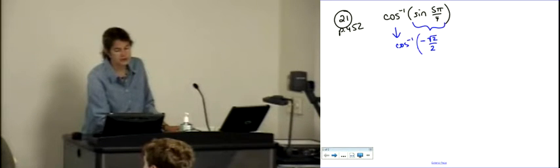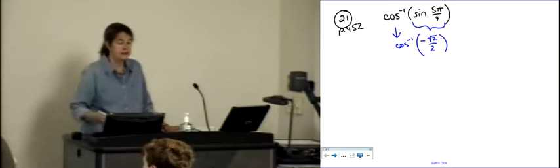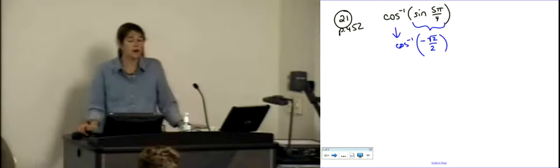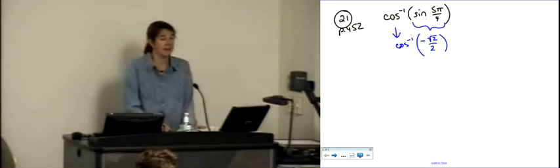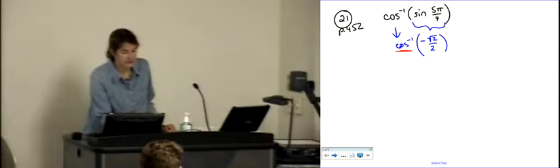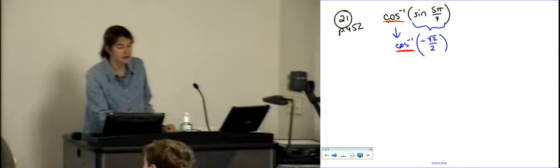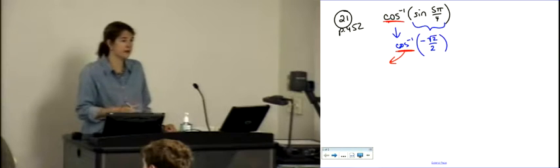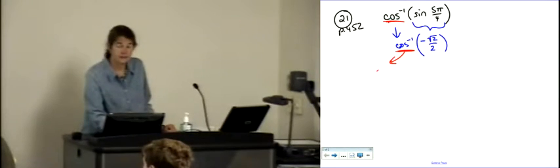And the inverse cosine of that, now it's saying, what angle has a cosine of negative square root of 2 over 2? But because it's asking inverse cosine, that was how it started out, what range are we looking at here? What values can we have? 0 to pi. 0 to pi, right.